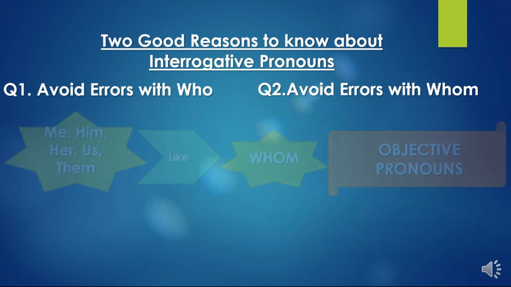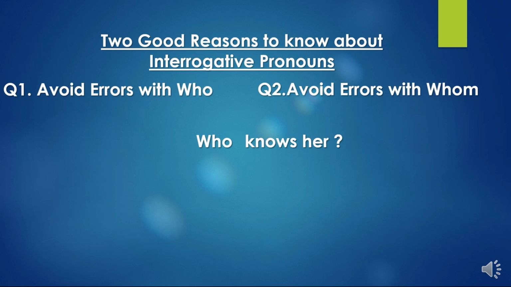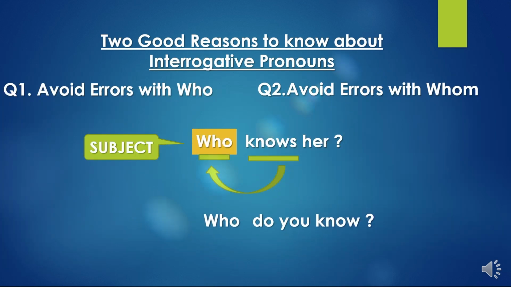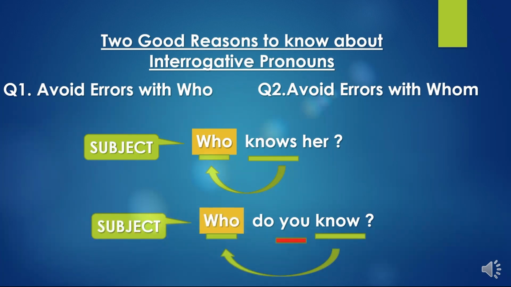Like in the sentence, who knows her, the subject of knows is who, which is correct. Compare this with he, she, and you will get your answer. Who do you know? The subject of know is you, not who. So it's wrong.